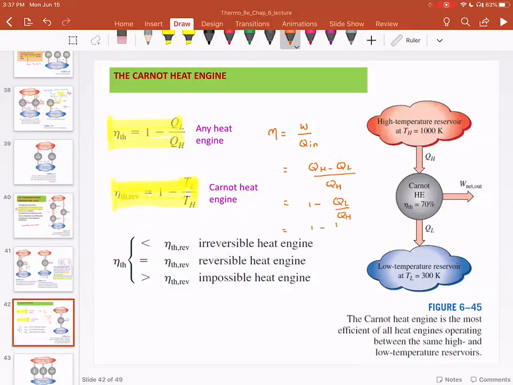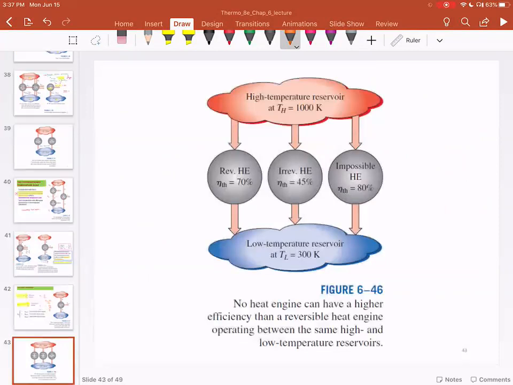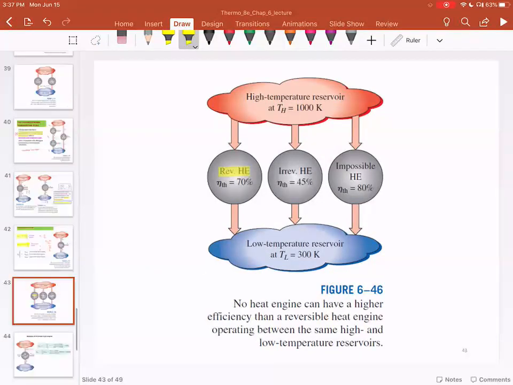And if it's a Carnot engine or reversible engine, this becomes 1 minus TL divided by TH. Again, the Carnot engine is the most efficient heat engine. So a reversible heat engine will have maximum efficiency.